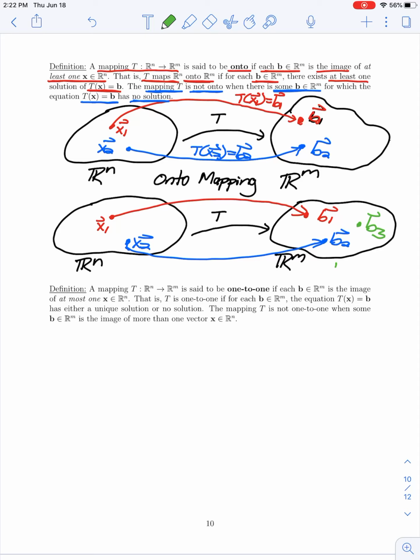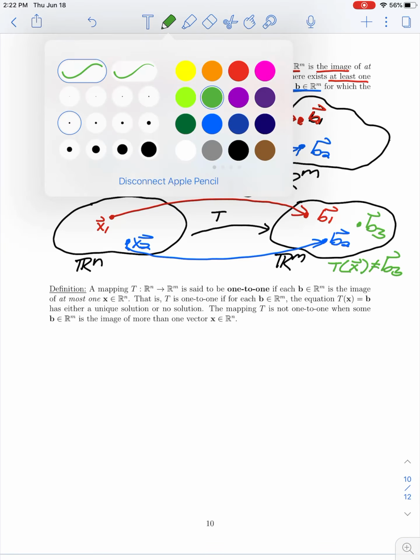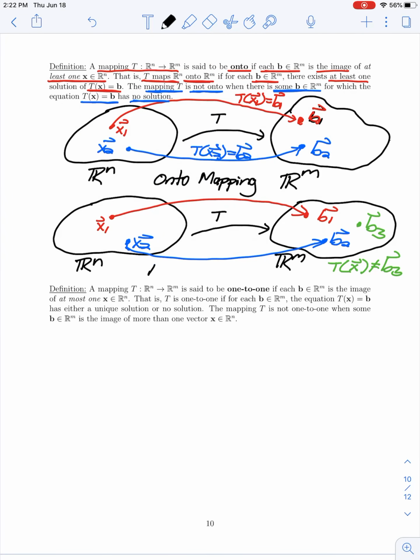So here T of any vector x can never be equal to b3. This would be an example of a mapping which is not onto, because there is some vector, b3 in this case, in the codomain, which is not the image of any vector in the domain.